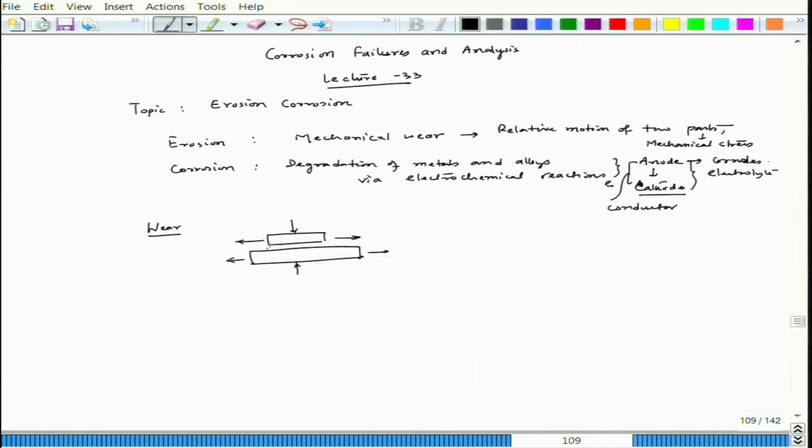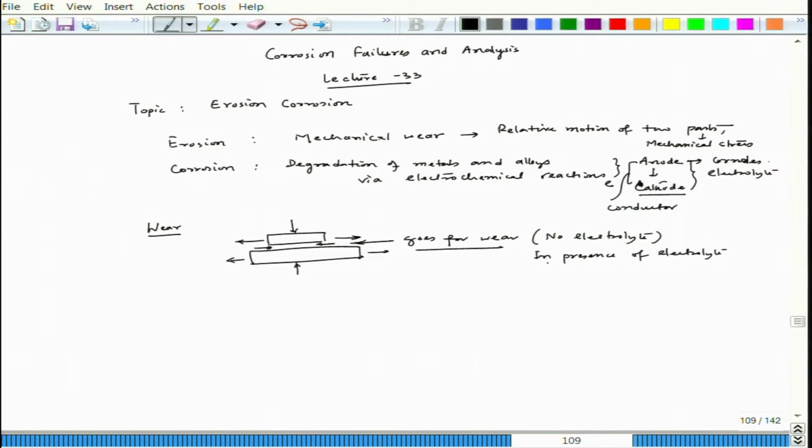So, actually this part goes for wear. Okay. There will be material loss. Now, this can happen even when there is no electrolyte situation, but it can also happen in presence of electrolyte. Okay.